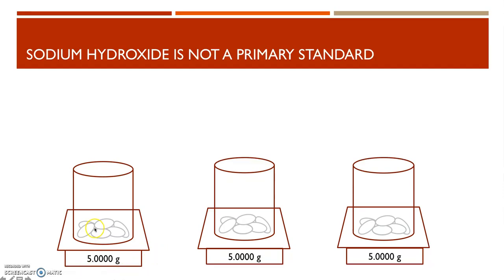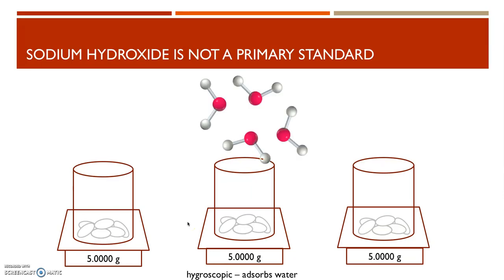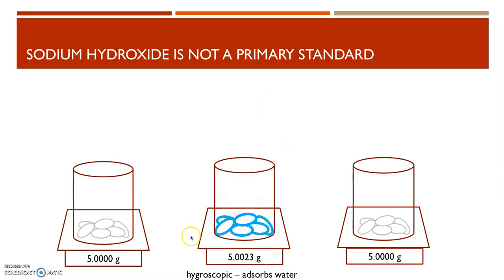So, for example, I have 3 balances here. They each have 5 grams of sodium hydroxide on them. And sodium hydroxide is actually fairly hygroscopic. So if it sits long enough, water molecules will adsorb to that solid sodium hydroxide, and it will change the mass of the sodium hydroxide that's present. So sodium hydroxide is hygroscopic.